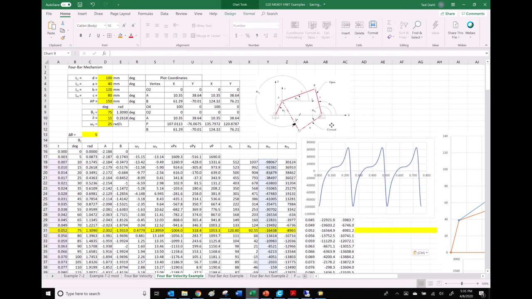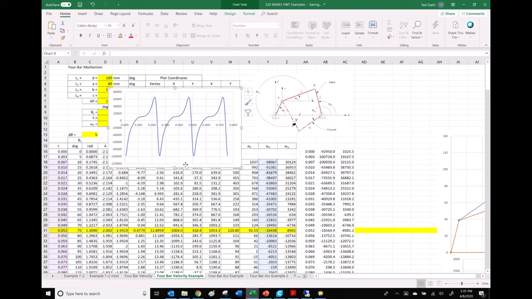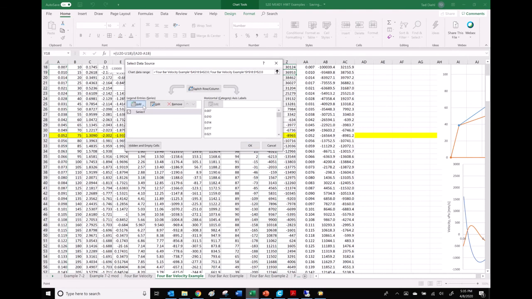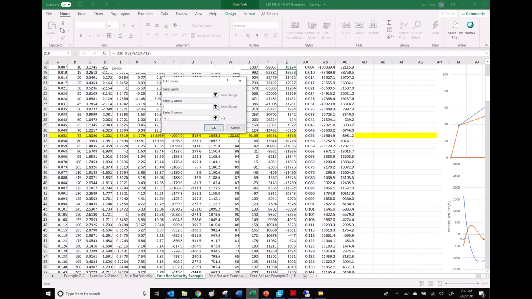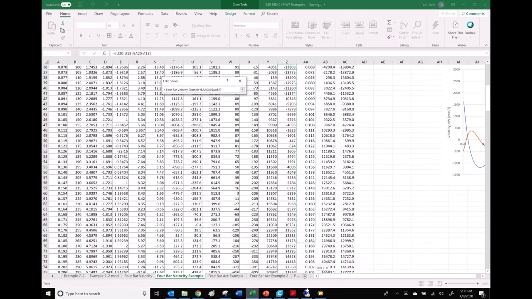I could also put those into this right here as more columns, and so we could analyze those and how close they came instead of just looking at the individual thing that we calculated at 75 degrees by hand. But let me add in what we had for the SolidWorks here.